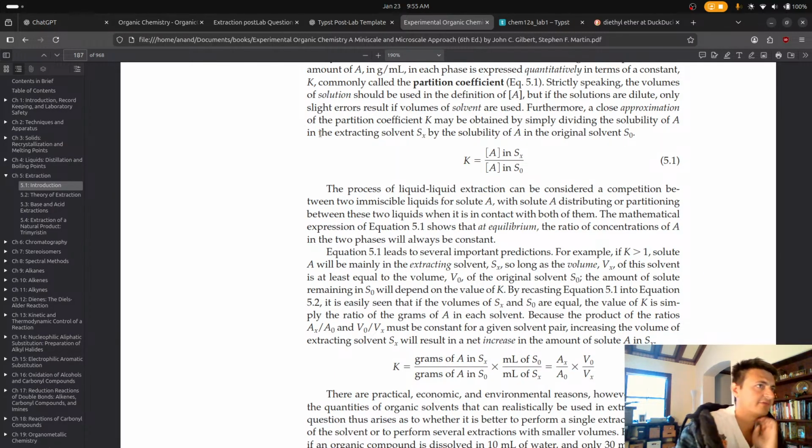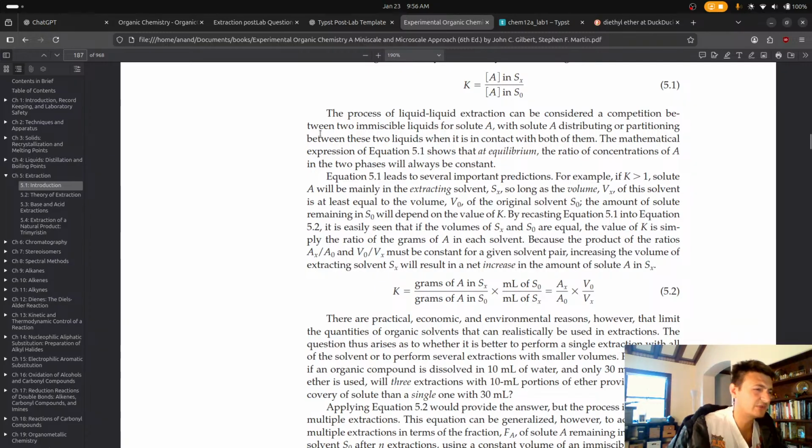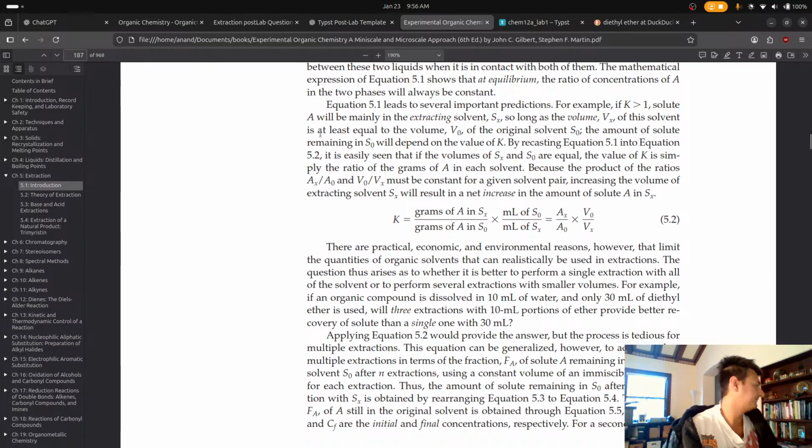Okay, so if we wanted to find K for benzoic acid in, well, let's keep reading because there's the thing about the base, which I didn't get.